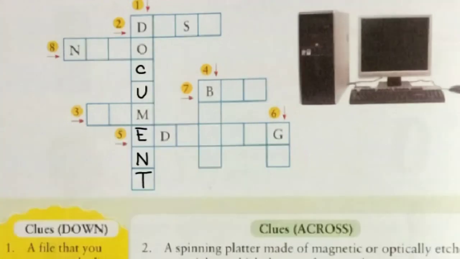A file that you create and edit in MS Word. As you can see, the clue word is D. So it is document. So please write the correct spelling here. So as you can see, it is done. Now read out the clue number 2.